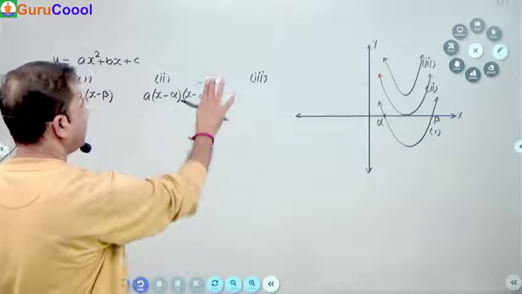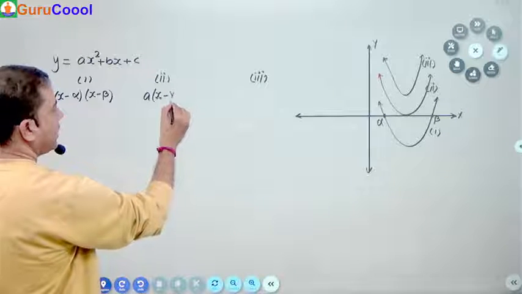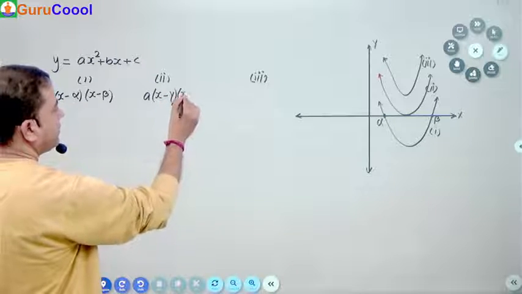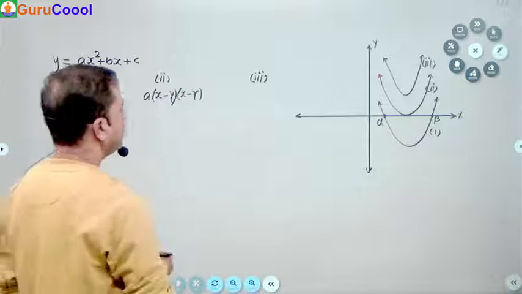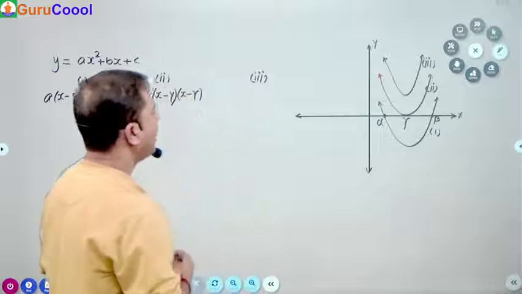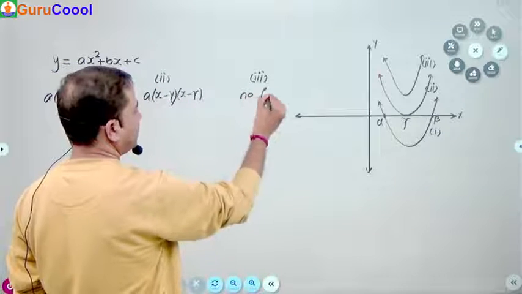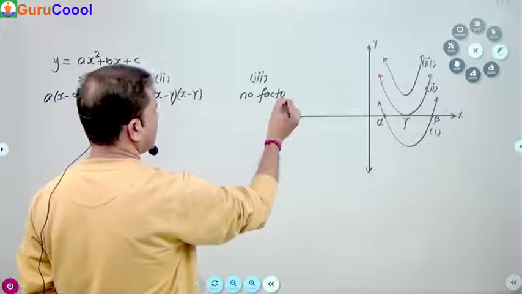Let's take a different number. We already have taken alpha in a figure. Let's take it gamma. And in the third case, you cannot factorize it. No factor. You cannot factorize it.